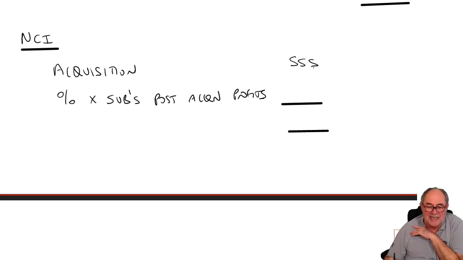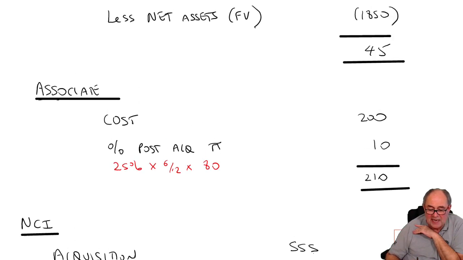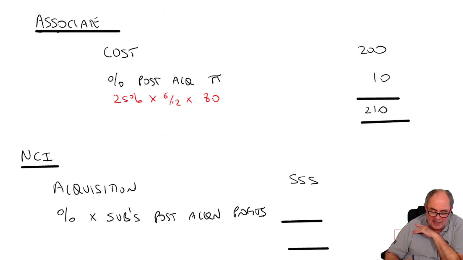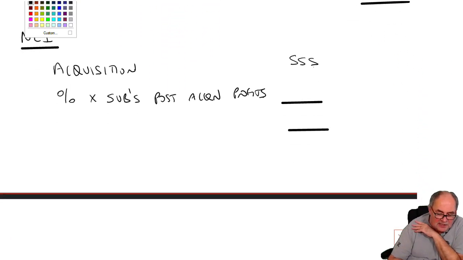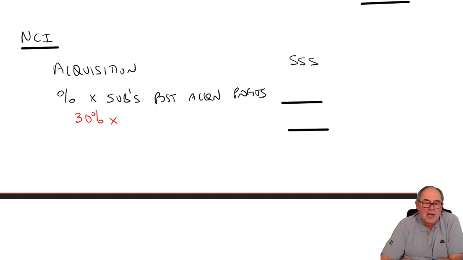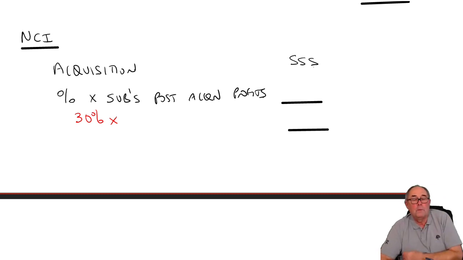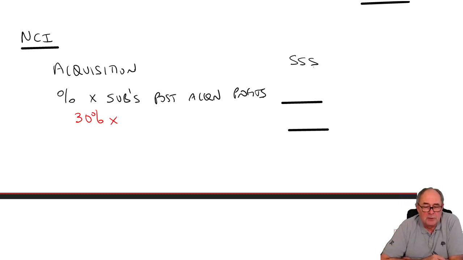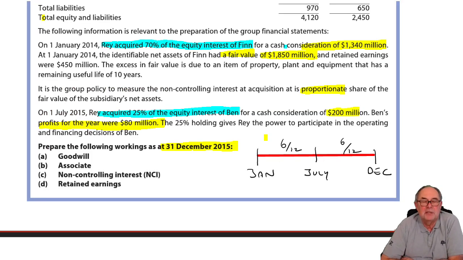I know the percentage because I own 70%. The NCI have a right to 30%. And then you hit a bit of a brick wall, because post-acquisition profits looks very complicated because there's been a fair value adjustment.